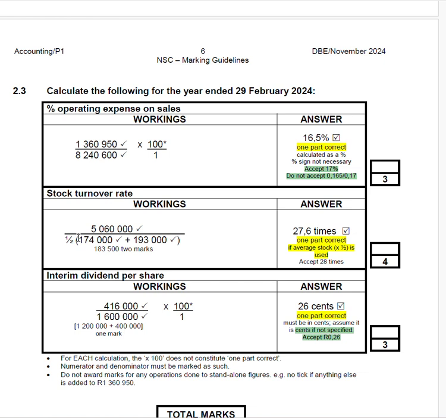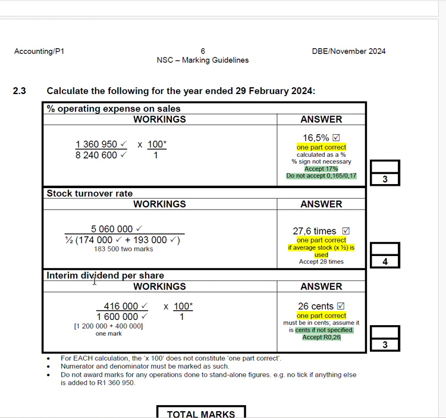And then because you're looking at the average, you're going to have to divide this amount, so you basically multiply by 1.2. Then you get 27.6 times. That means per year they are selling their average inventory 27 times.